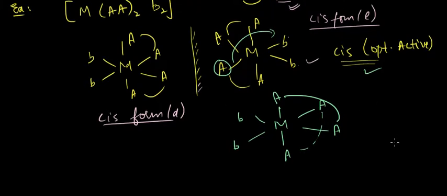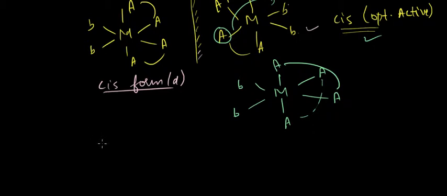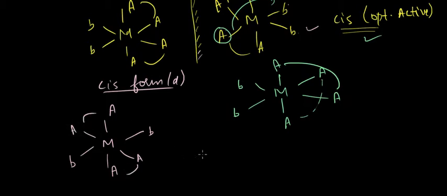Similarly, if we see the trans form of the same, it would be something like this: A here, A here, B, B, A, A. Again, these two are connected.